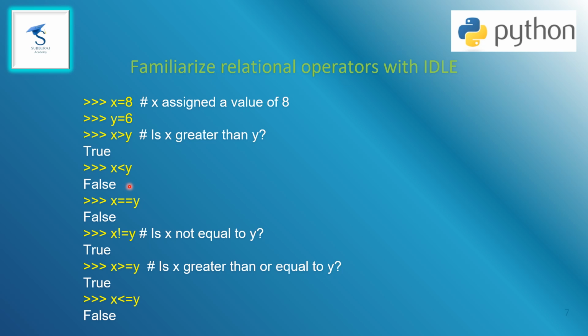Is x less than y? False. Is x equal to y? No, x is 8 and y is 6, so you get false. X not equal to y? Yes, true. Is x greater than or equal to y? Yes, true. Is x less than or equal to y? False. So these are the 6 relational operators available in Python.